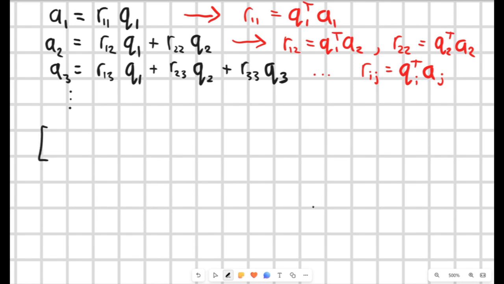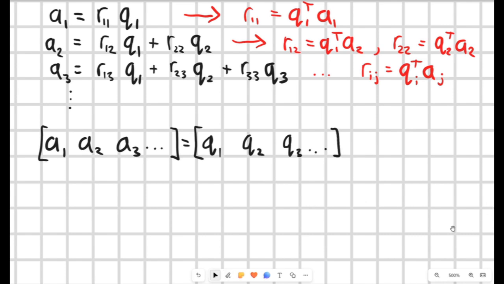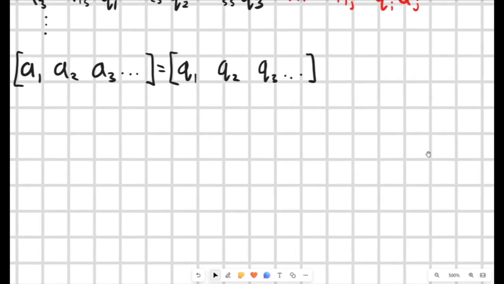On the left hand side I have a matrix made up of columns A1, A2, A3 and so on, and it's going to be equal to a new matrix created from our orthonormal vectors Q. The first column is Q1, the second column is Q2, the third column is Q3, and so on. And then I'm going to have some other matrix on the right hand side, which we'll have to define.